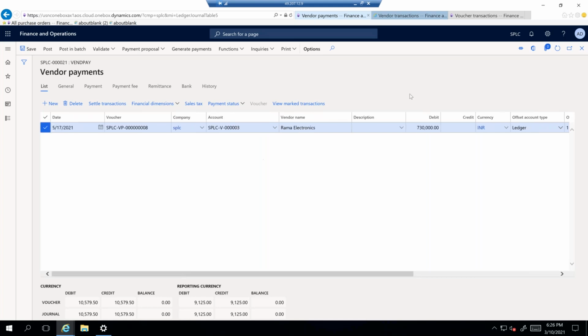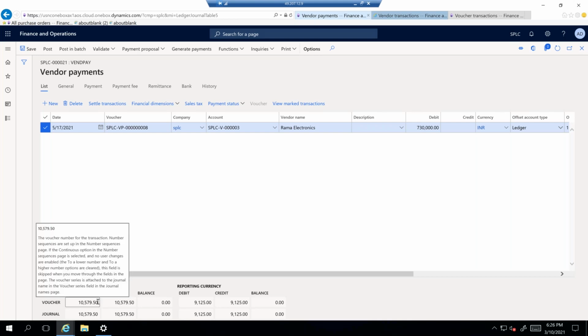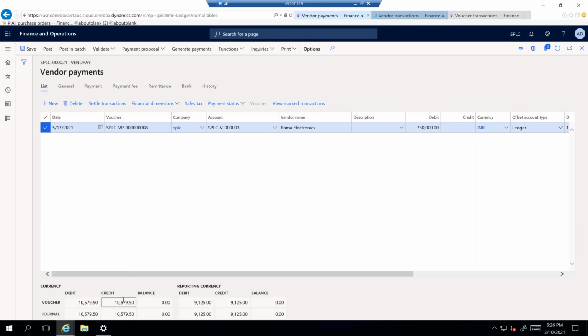Now look at this one. The payment is 10,579.50 in accounting currency. The vendor, like in the US company, will pay 7,30,000 rupees only, because the invoice is generated for 7,30,000. So they will pay 7,30,000 only.